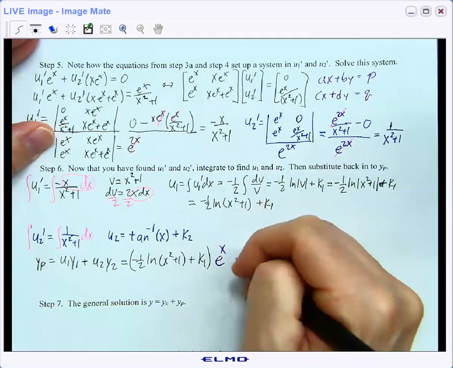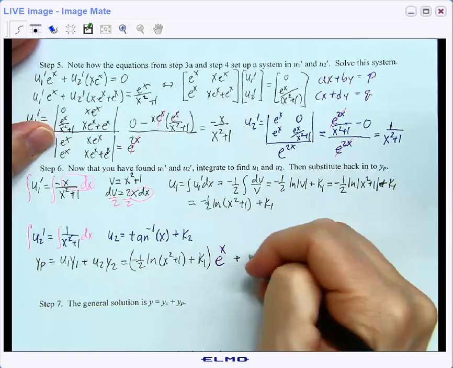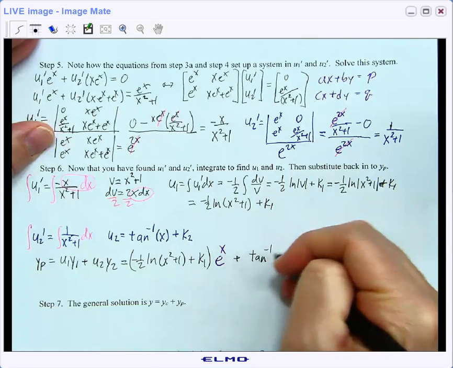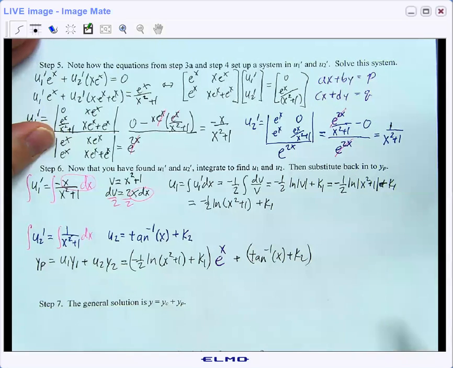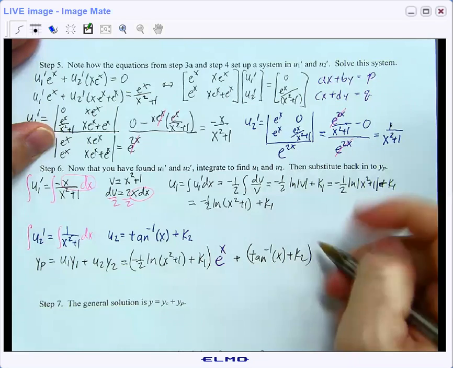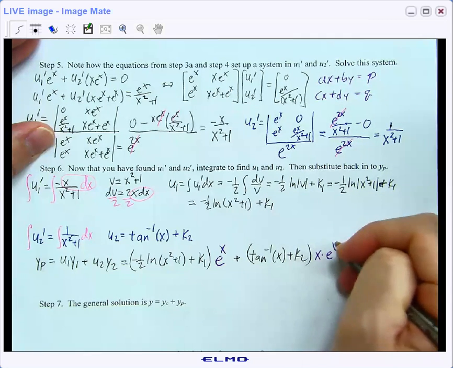And we're going to add to that u2, which is inverse tangent of x plus k2, times y2, which was from the front page, x times e to the x.